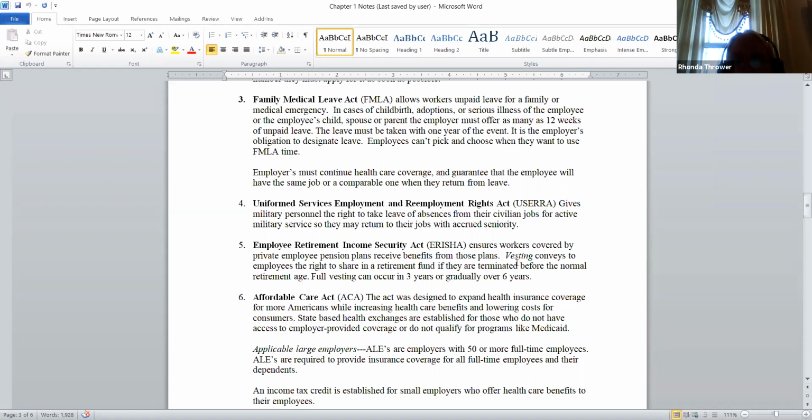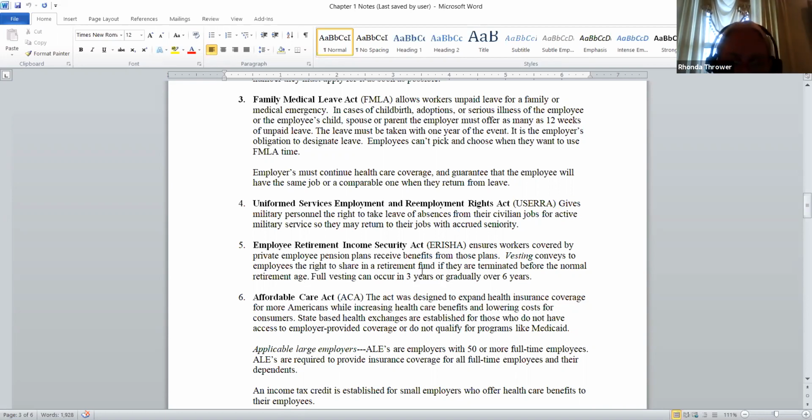The term vesting is an important term when we talk about retirement, because vesting conveys to employees the right to share in a retirement fund if they are terminated before the normal retirement age. So full vesting can occur in 3 years or gradually over 6 years.